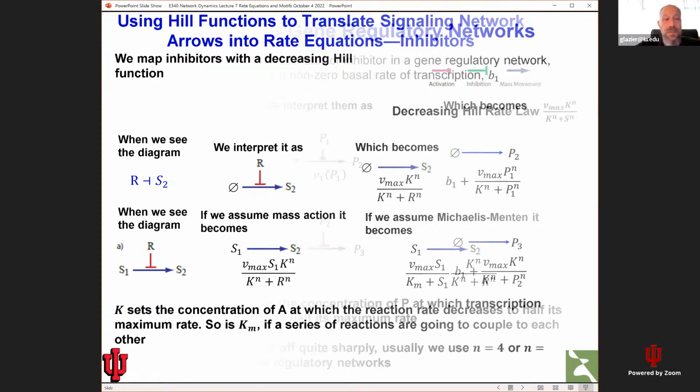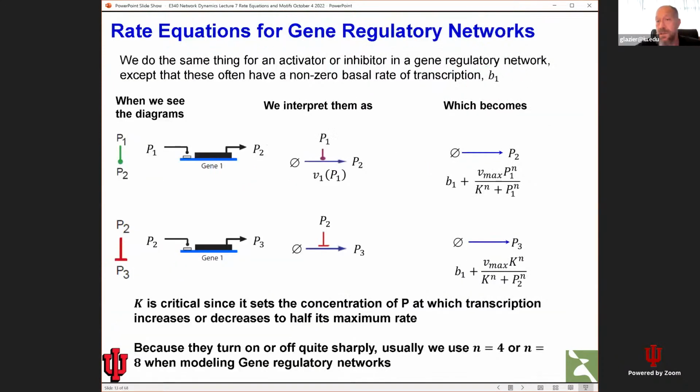If we have a gene regulatory network, and here I have written those out explicitly, we'll see again, P1 promotes P2. In this case, the math is the same, but our interpretation of the biology is a little bit different. In this case, P1 is binding to a promoter region for the gene. The gene is being transcribed. That transcript is then being translated.